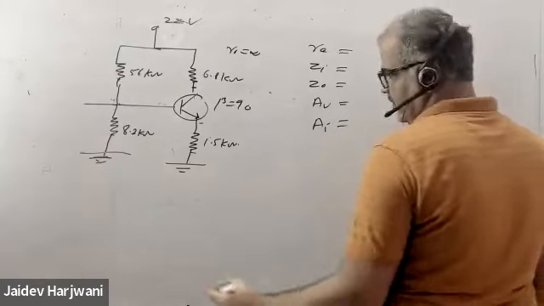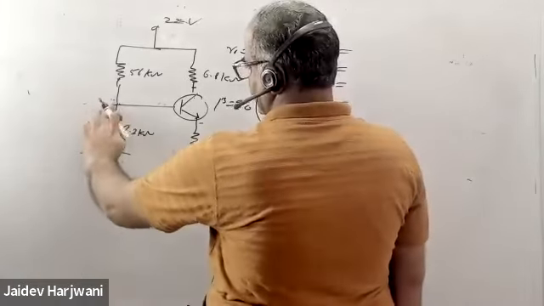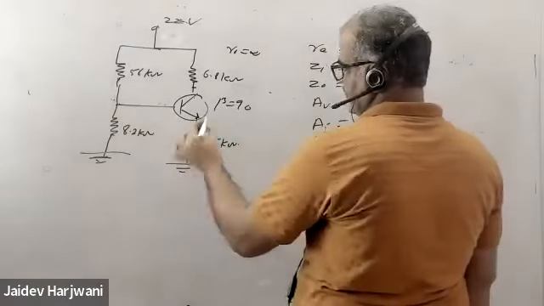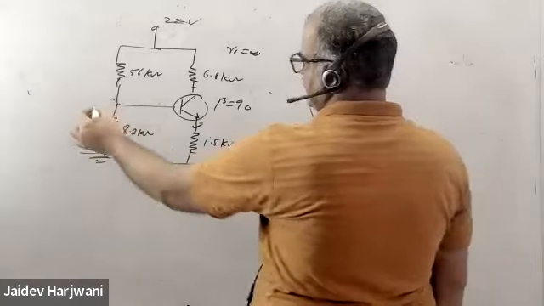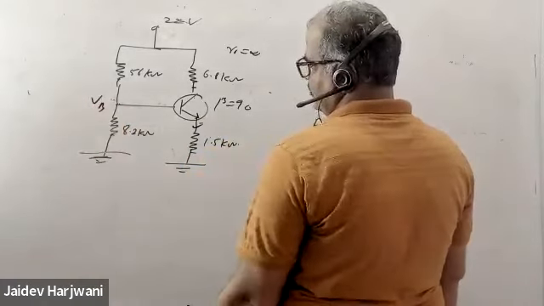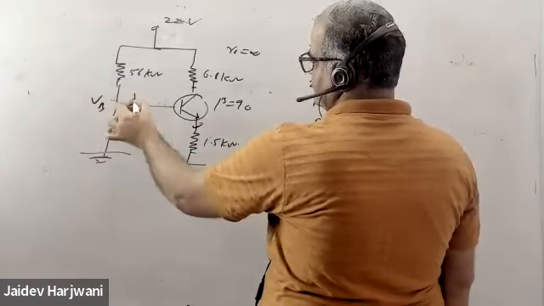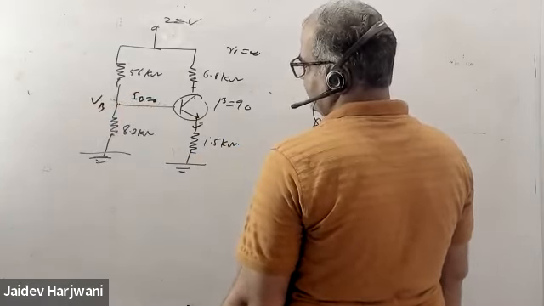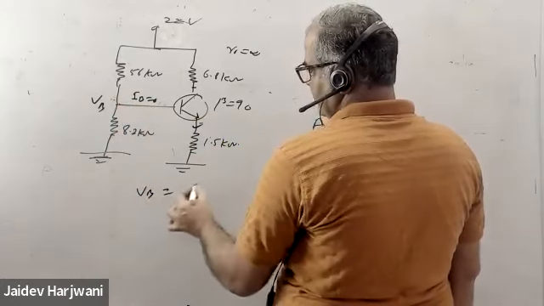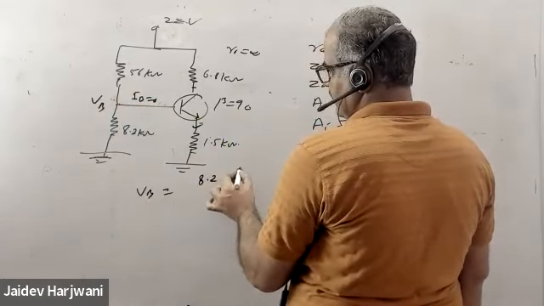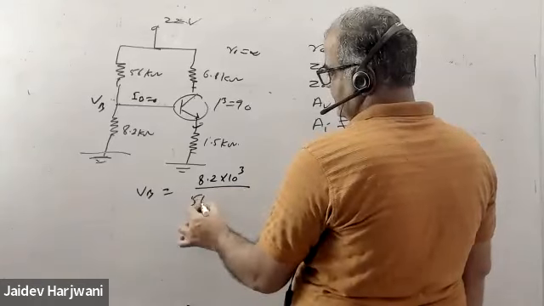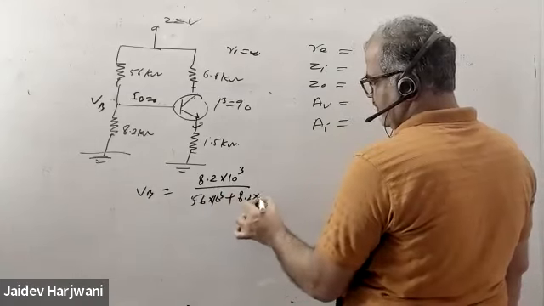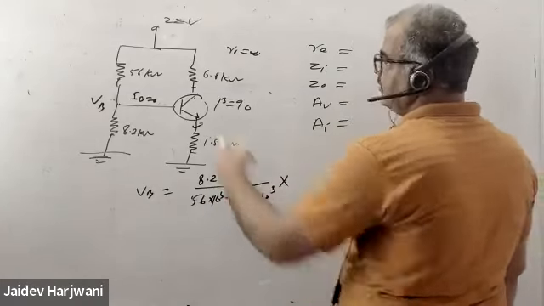For RE you first want IB, so you must find VB. Assume IB is 0, so you can calculate the VB value. VB is 8.2 kilo ohm over 56 kilo ohm plus 8.2 kilo ohm, into 22.